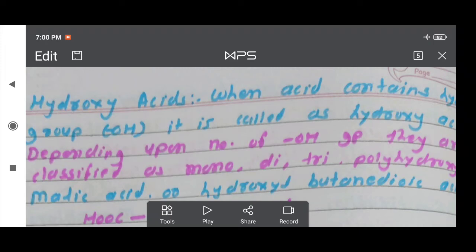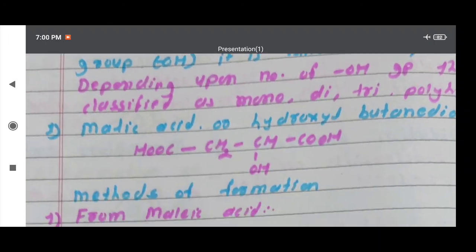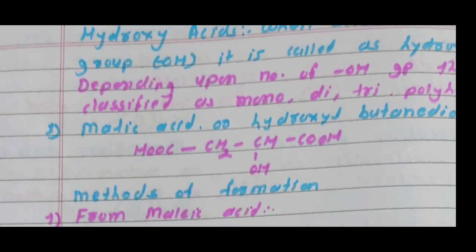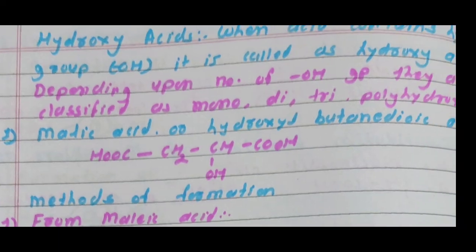Then in your syllabus, there are two hydroxy acids. One is malic acid and another is citric acid. Malic acid: COOH, CH2, CHOH, COOH. Malic acid is also known as hydroxybutanedioic acid.